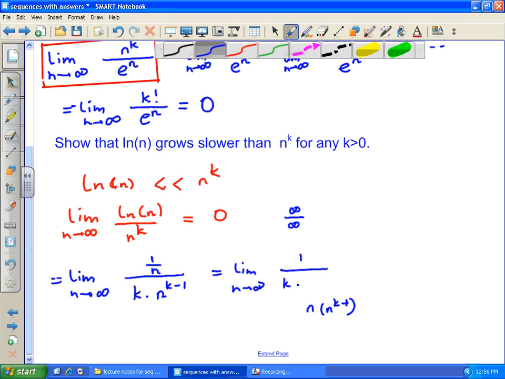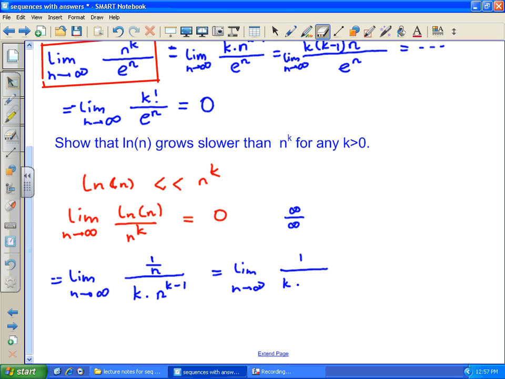If you're multiplying things with the same base, you add the exponents, right? The exponent here happens to be 1, so you add the exponents. What do you end up with? n to the k, right? So here we have 1 over k times n to the power of k.